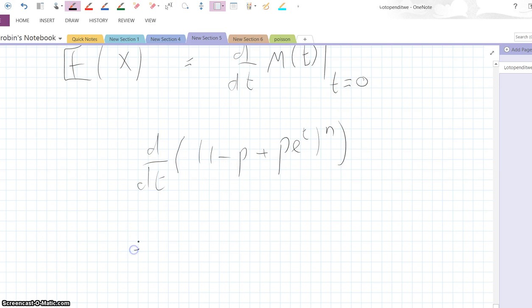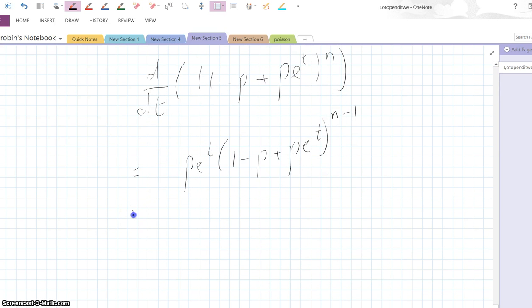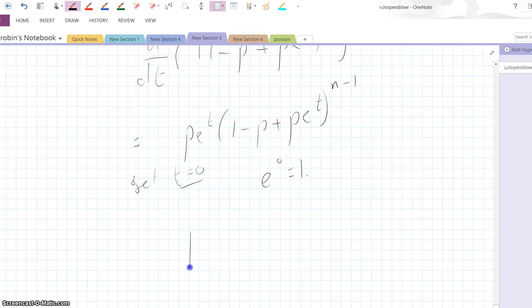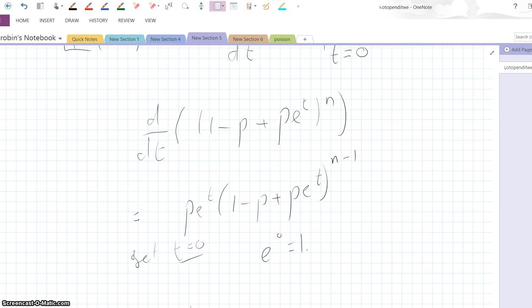Okay, so what's that equal to? Well, that's equal to p e to the t, 1 minus p plus p e to the t to the power n minus 1. That's just straight chain rule. Then we set t equals 0, and of course e to the 0 equals 1, which makes things simpler. But I've not done it right, have I?